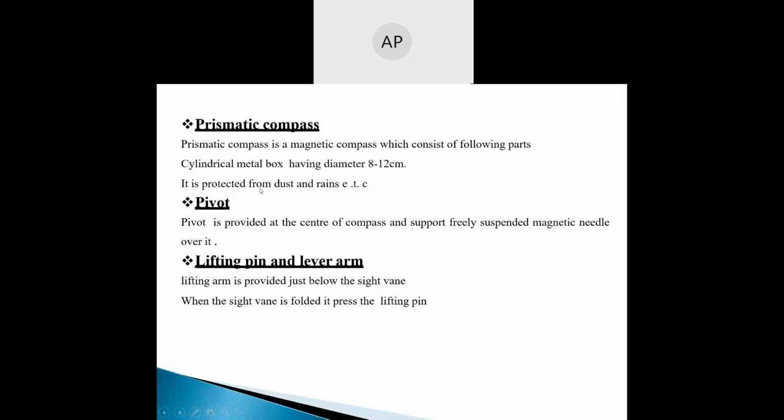It is protected from dust and rain by this metal box. Pivot is provided at the center of the compass and supports the freely suspended magnetic needle over it. Lifting pin and lever arm: the lifting arm is provided just below the side bend. When the side bend is folded, it presses the lifting pin.